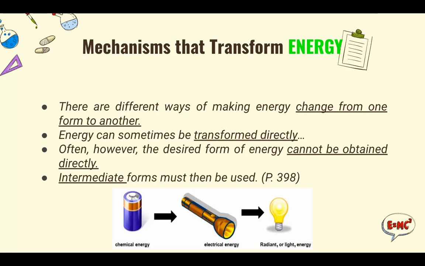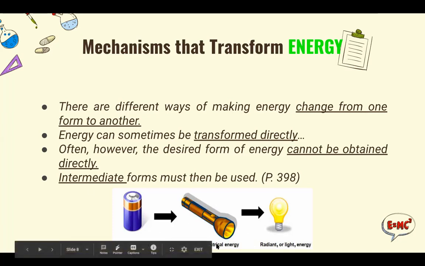You can apply this sort of reasoning to this idea here. Sometimes you can transform one form of energy to another directly, but sometimes you need an intermediate. So there's an indirect link between the transformations of energy.